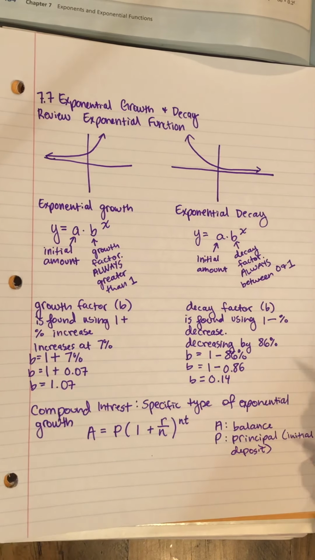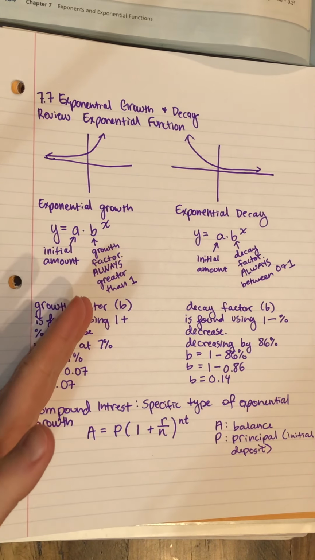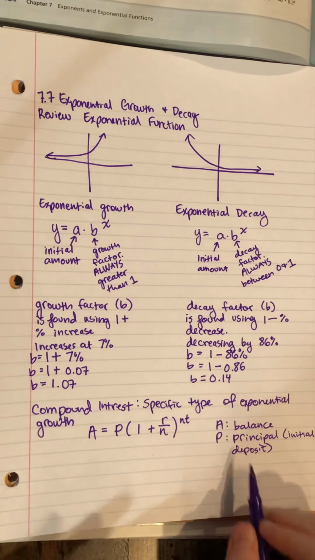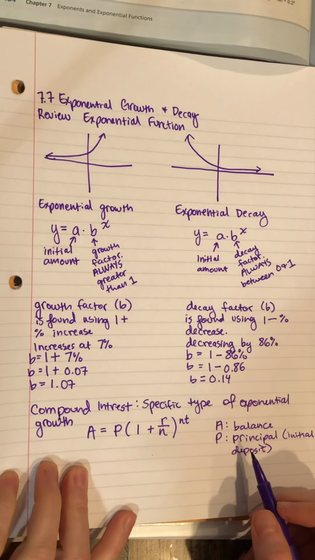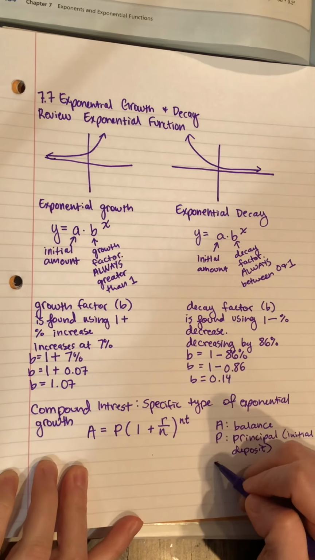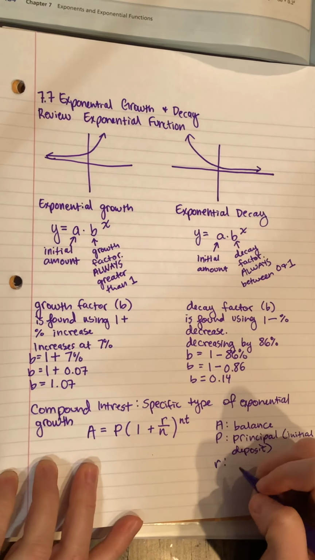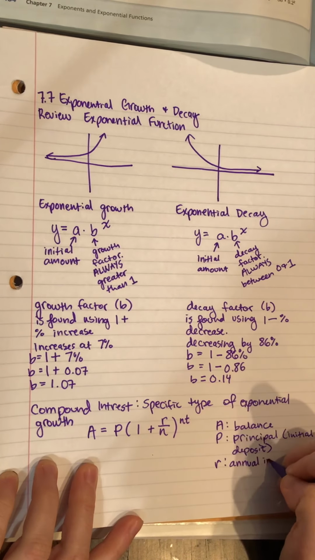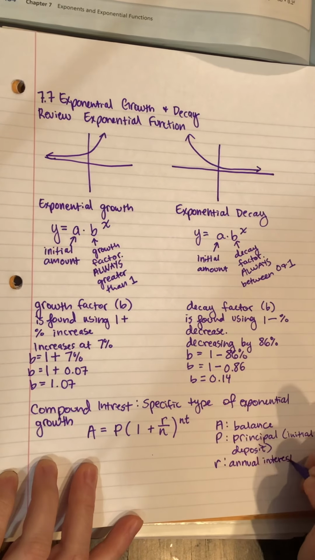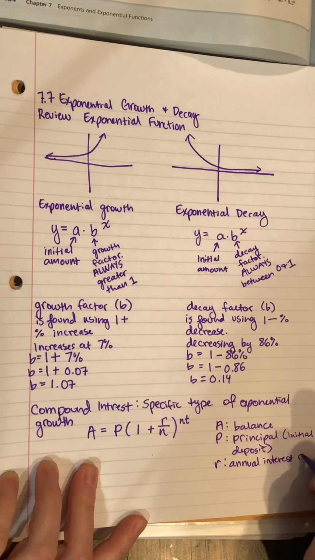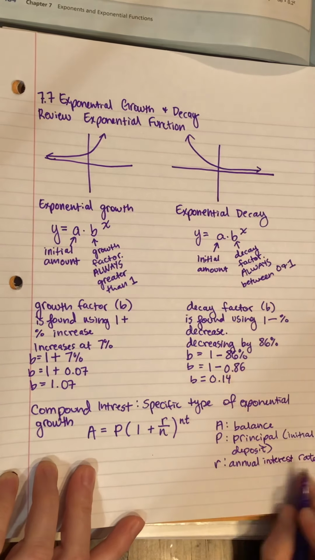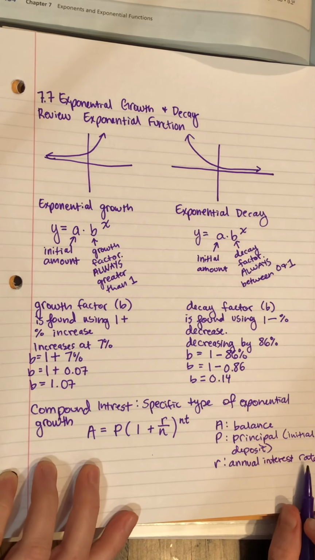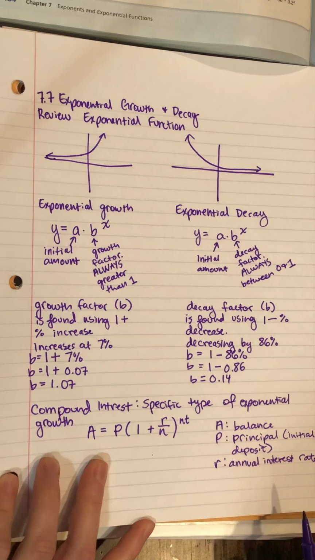So if grandma gives you $100 for your birthday and you decide to put that all in the bank, then P would be equal to 100 in this instance. R is the annual interest rate. R is usually going to be given to you as a percentage, so you're going to have to turn it into a decimal before you can put it into this formula.